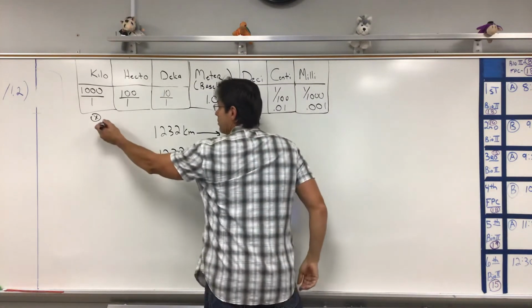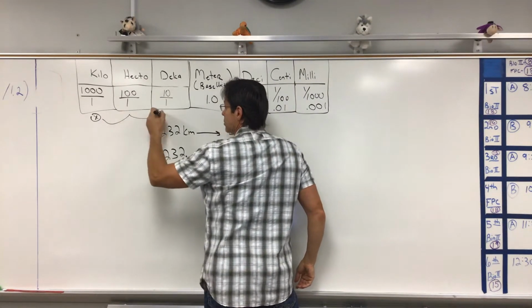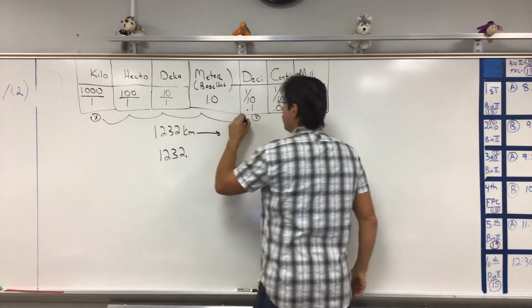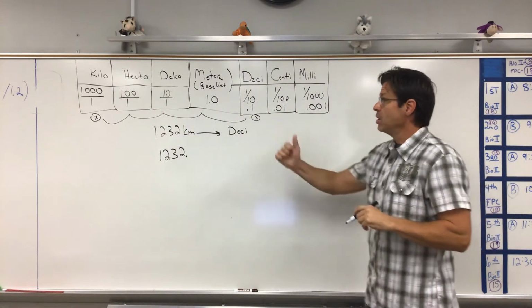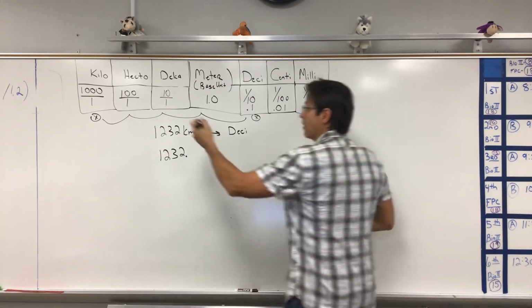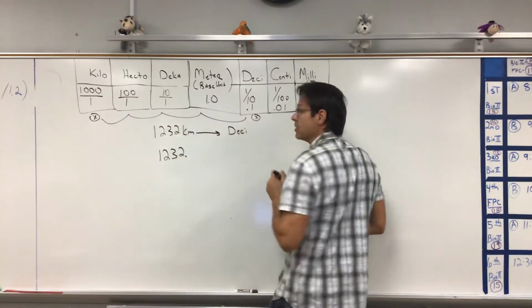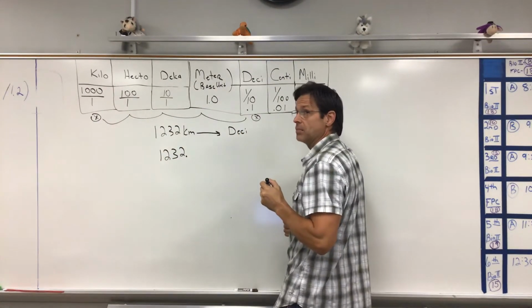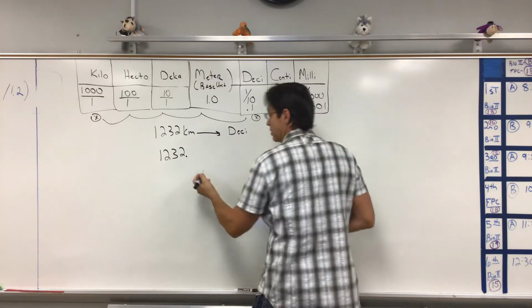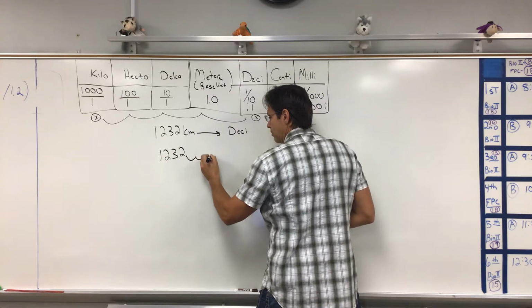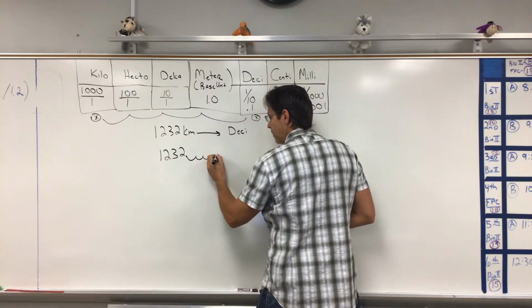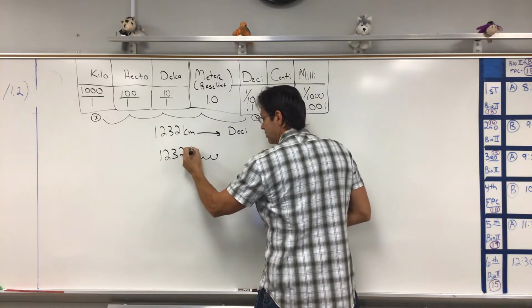So I've got to move 1, 2, 3, 4 places, okay? I'm moving my decimal 4 places to the right. If I'm going from left to right, I also move my decimal point left to right. So right here, I'm going to make 4 little loops. 1, 2, 3, 4. And each one of those loops is a value of 0.